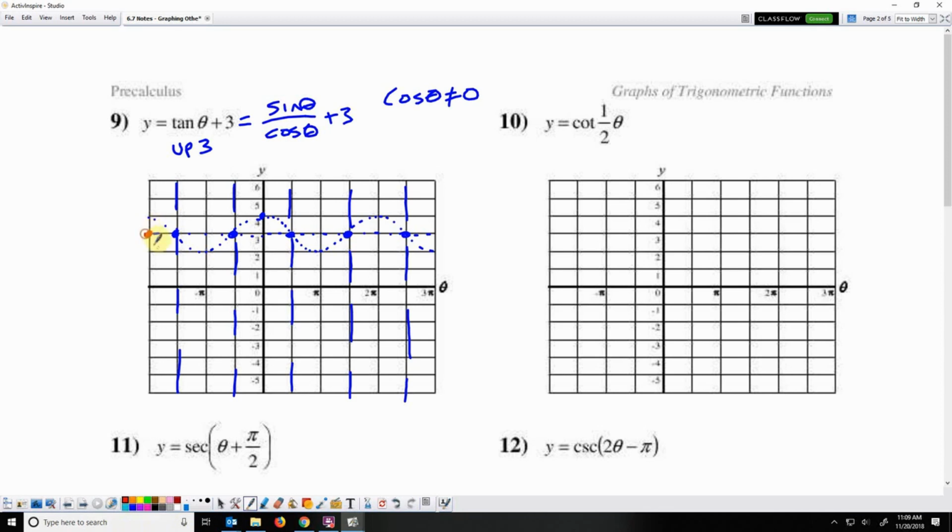Halfway through those asymptotes, I've got a spot that I'm going to have to go through. And there's my graph.